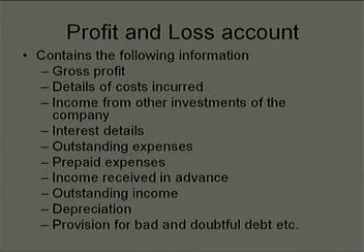Now, if you look at the typical profit and loss account, you will find that they contain the following information. In the last class, I believe I had given you one assignment to see an annual report for a construction company.